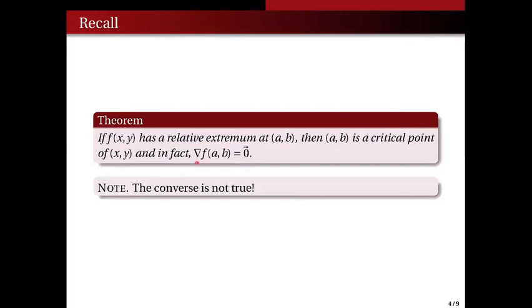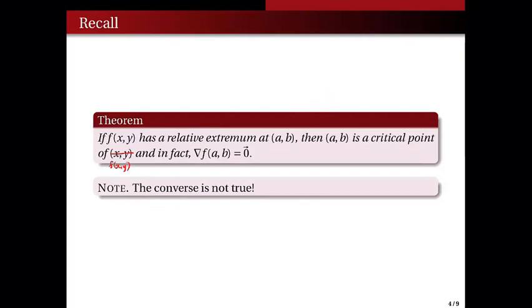So you have gradient of f at (a, b) equals 0, then the function may or may not have a relative extremum at (a, b). So this is this remark here. The converse of this statement is not true. Again, this guy here, this is f of x comma y.